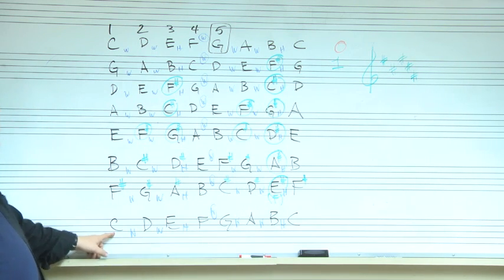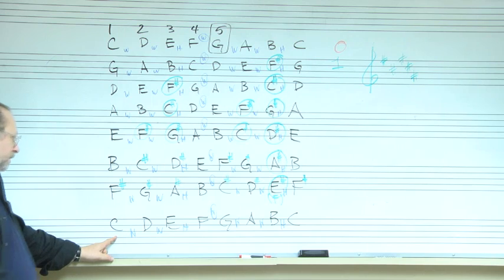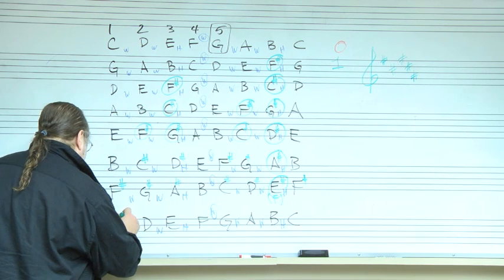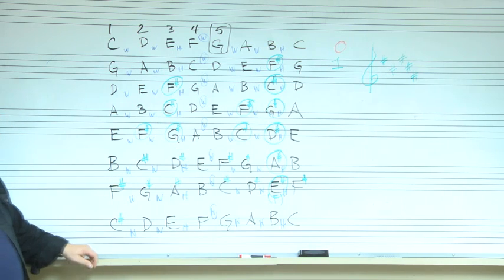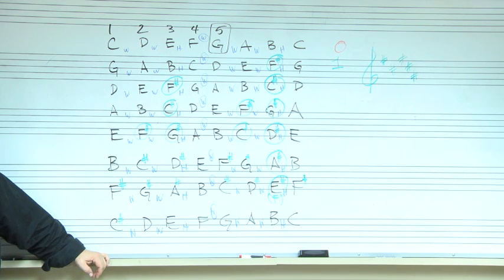So the next key is going to be C sharp. Now C sharp requires special treatment, and here's the special treatment. You don't have to memorize it. It's easy. C natural is all natural keys, no flats or sharps. C sharp's all sharps. C flat's all flats. You don't have to memorize anything.